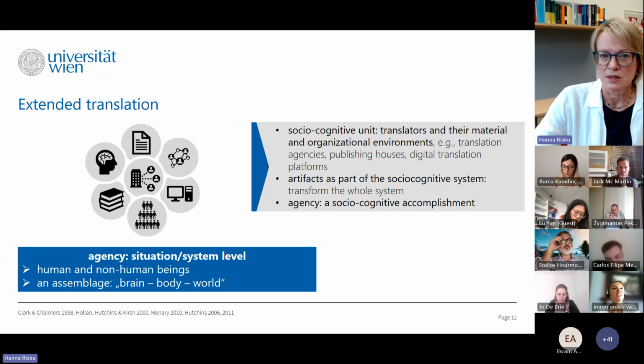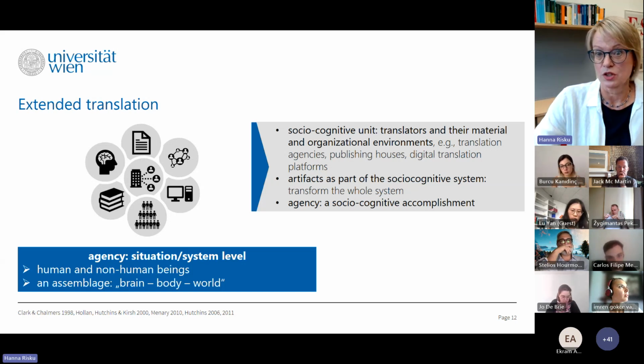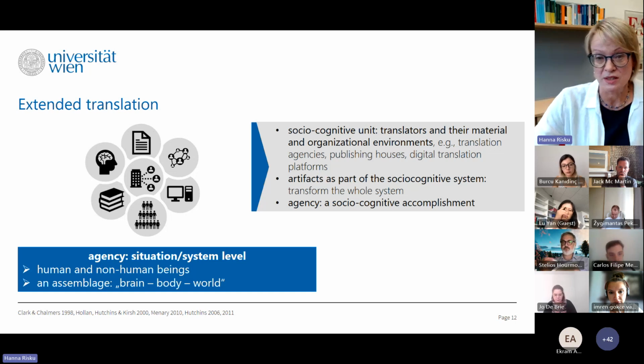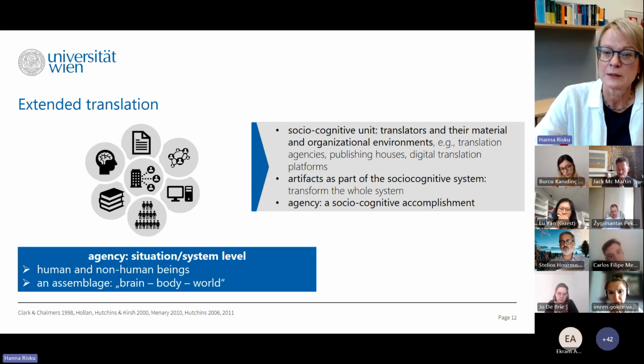So according to these extended and distributed cognition approaches, the cognitive process is not carried out by individuals, but by the interactive unit of brain-body-world. It is distributed across actors, objects, and the environment. So it's socio-cognitive rather than solely cognitive.